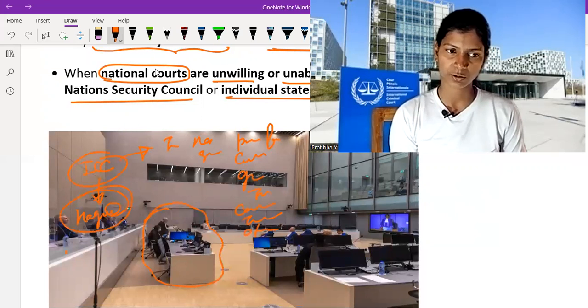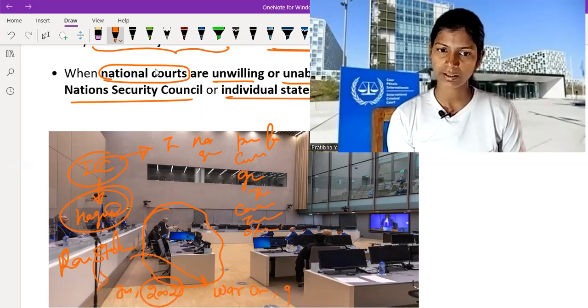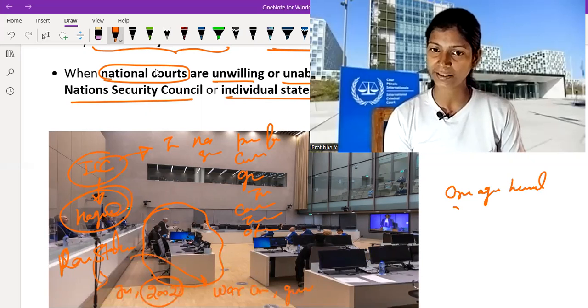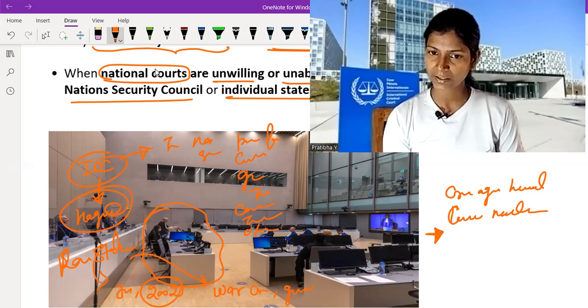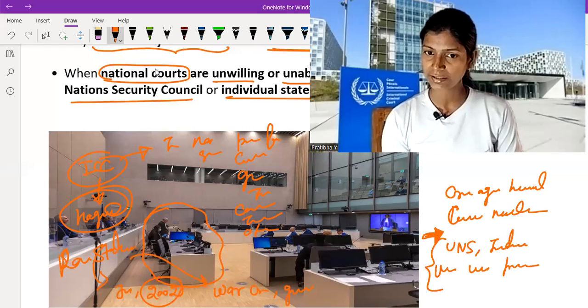It comes from the Rome Statute, which came into force on July 1, 2002, and deals with war crimes, genocide, and crime against humanity. It is intended to complement national judicial systems, and if UNSC refers a case, or a country is unwilling or unable to prosecute, then ICC works on these matters.